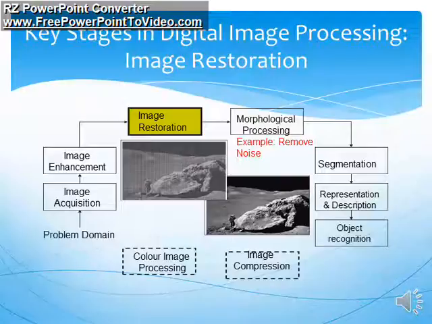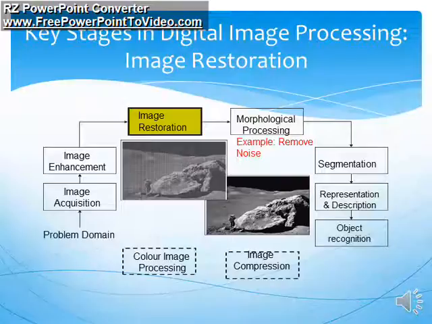So this image acquisition technique is very much important to have the raw image on which the processing will be done. After that, if small corrections are needed or different types of image enhancement, if the quality of the image is being enhanced, that can be done through image enhancement technique.